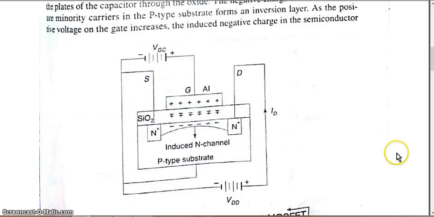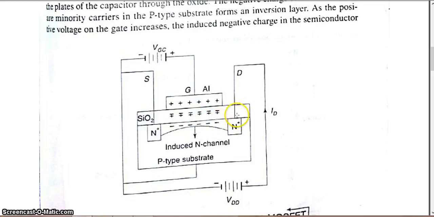Then coming to depletion mode type, we will be giving negative voltage here. When you give the negative voltage, negative charge will be induced here, positive charge will be induced here, and because of this reason, the direction of current will be opposite to the direction which I have discussed earlier.